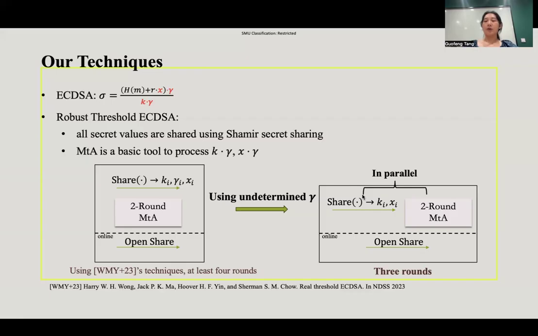So the offline phase requires 2 rounds in total. Adding the online phase, the entire signing protocol is 3 rounds. We are the first 3-round robust scheme.